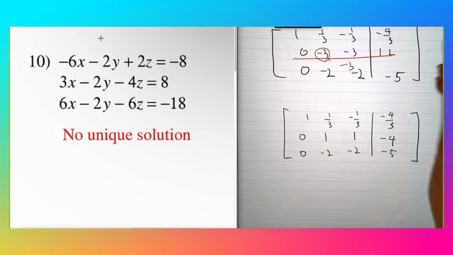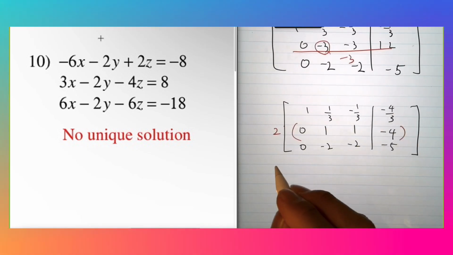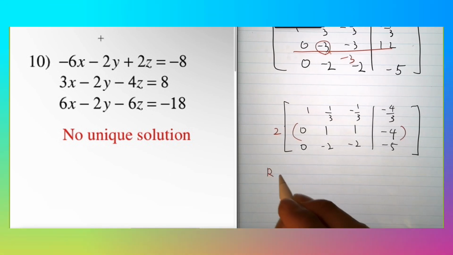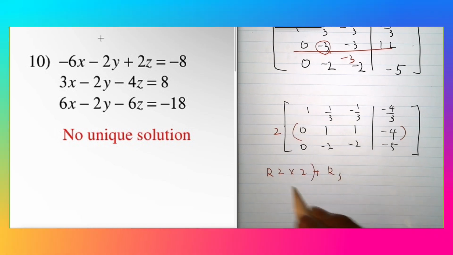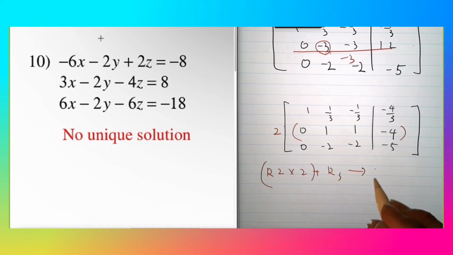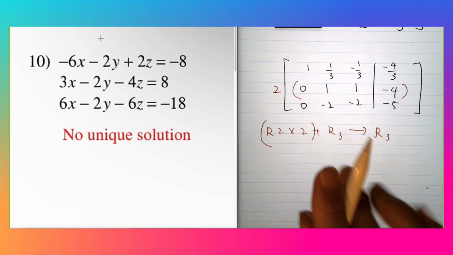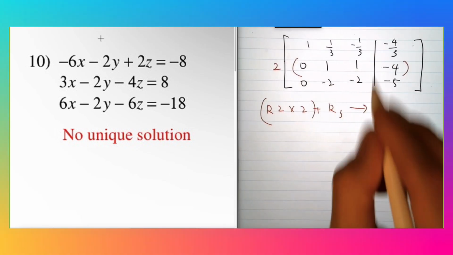Now we're going to run into a problem. When you multiply row 2 by 2, because we want to replace this element with 0, so R2 times 2, and you add it to R3 and replace R3, the entire left side of the vertical line will be 0.